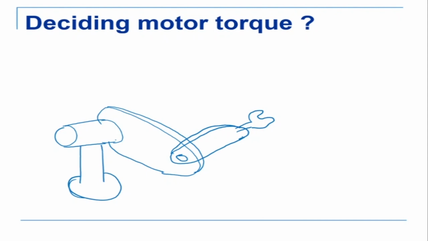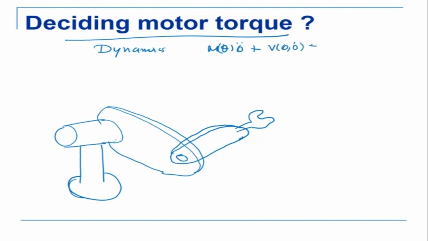The first thing I need to do when deciding motor torque is the dynamics. From the dynamics, our equation becomes M(theta) theta double dot plus V(theta, theta dot) plus C(theta) is equal to tau. When this robot is moving around in the workspace, it moves to different locations.